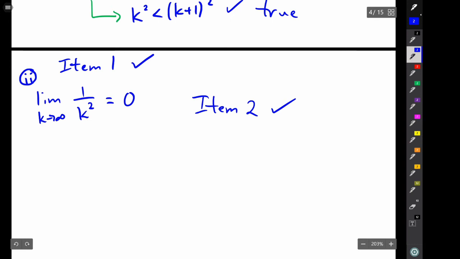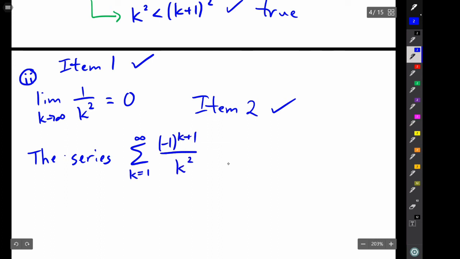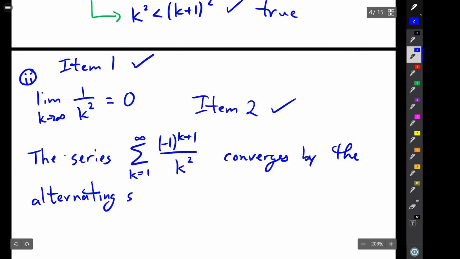So here what we would say is the series sum from k equals 1 to infinity of (-1)^(k+1) over k squared converges by the alternating series test.